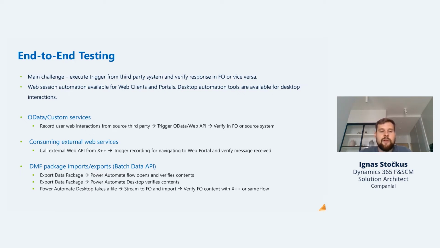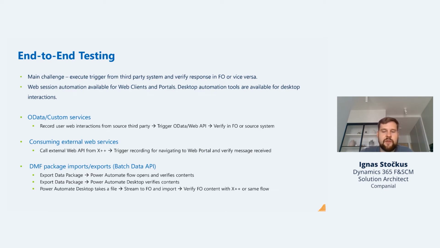And the whole point is that Power Automate and Power Automate Desktop can both connect to FNO, right? And you can verify whether your file or your content or anything that you did is actually seen in the FNO system, right? So you perform the trigger directly in the desktop, and then with Power Automate Desktop, you can check, okay, this is the input data, and then it verifies whether that message was received in the FNO system.